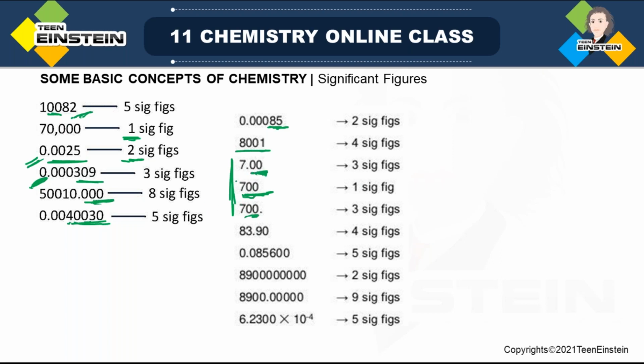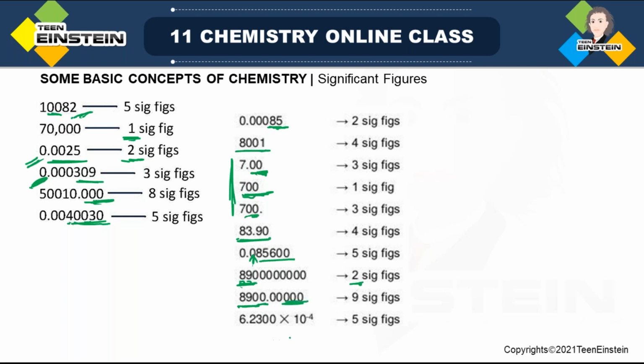And for these, coming after the decimal, it is also 3. 83.90: all the digits are considered. Here we have to consider only 85600, the zeros are not considered. Only 8 and 9, so it is 2, then 9. So 4 before the decimal, 5 after the decimal.